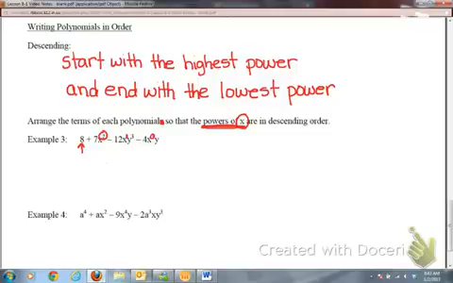Now, you have to pay attention to what sign is in front of each term. So we're starting with the term that was at the end, and there's this minus sign in front of it. So that means we need to start with a negative. So you start with negative 4x to the third y. You just write it down because it had the highest power of x. So that one's done. You might cross it out because you know it's done. The next highest power of x is the 7x squared, and it was positive.